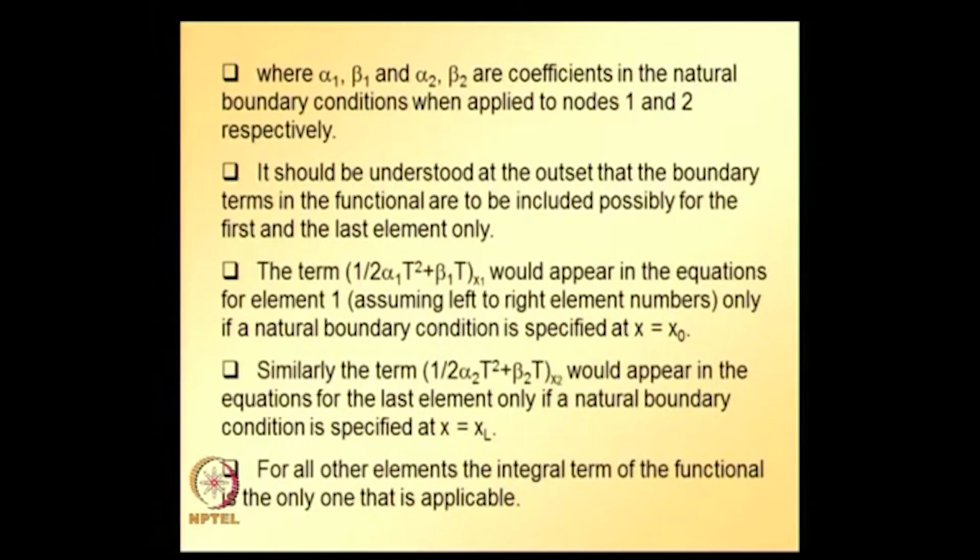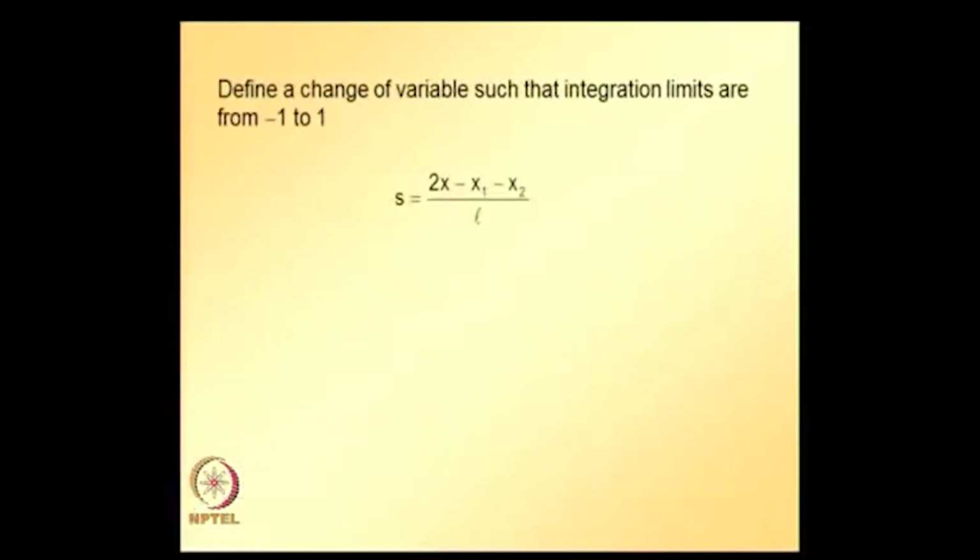So, now we have the functional defined over the element, we need to substitute the finite element approximation. So, we need to make the field variable approximation in terms of the 2 node finite element shape functions and nodal values. The 2 node element x1 to x2 will be mapped onto the s coordinate system, where s goes from -1 to 1; s is equal to -1 corresponds to x1, s is equal to 1 corresponds to x2.